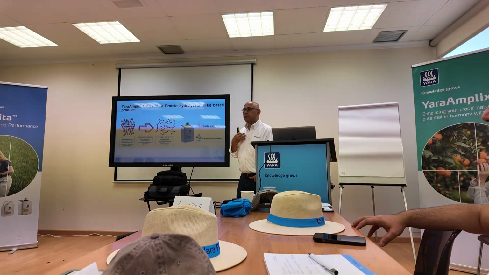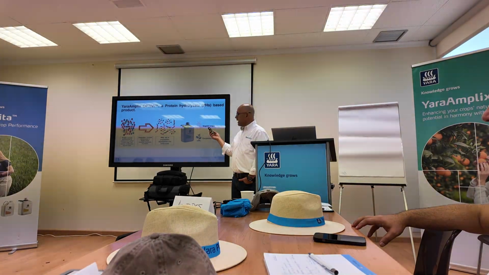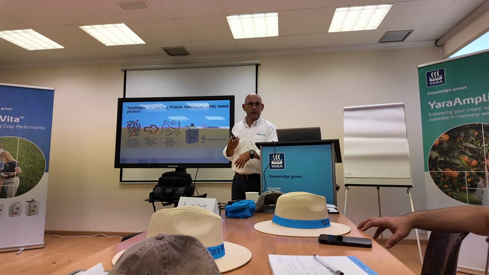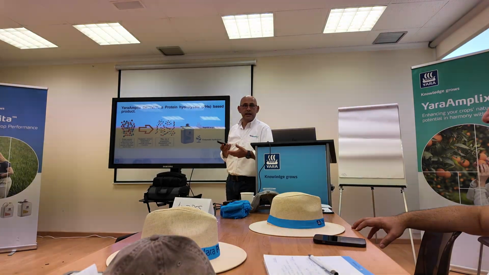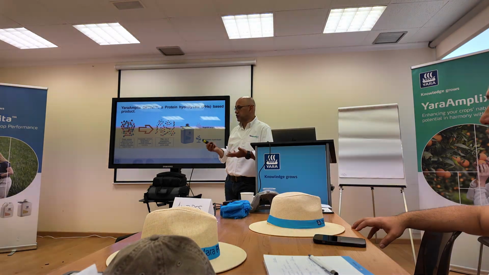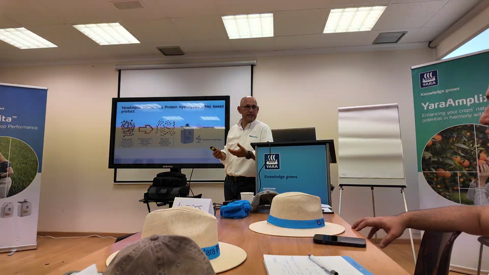So in this case, what makes us different? The waste industry, especially the animal industry, has a surplus of waste, and this waste is proteins. So usually protein hydrolysates in the past were from animals, from cows, from sheep, from fish, and these were the ones present in the market.